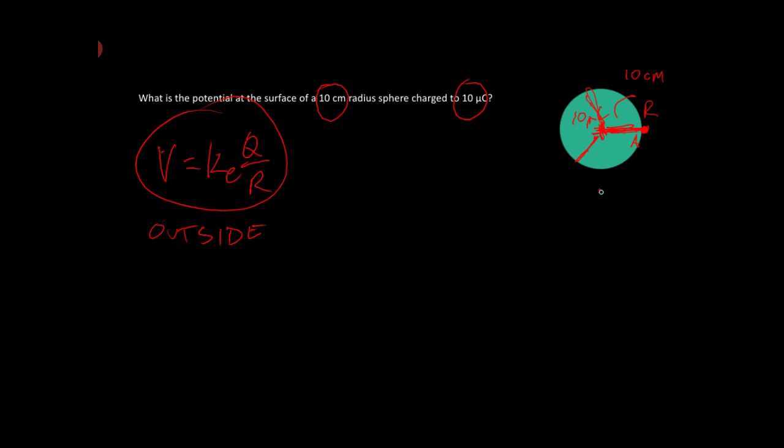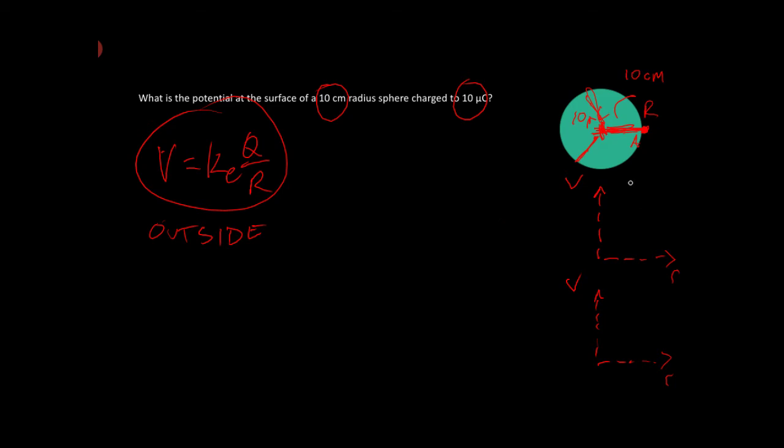Now if I were to cut it and measure what the voltage was, or the potential was, on the inside of the sphere, then I could tell what was going on.